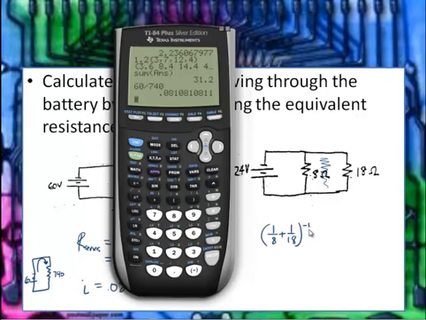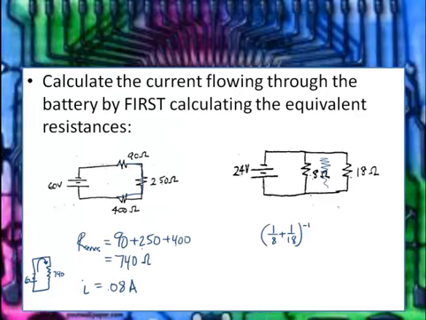So 1/8 plus 1/18, in parentheses, and then the little -1 exponent button is the reciprocal. So the equivalent resistance of this circuit is 5.54 ohms.